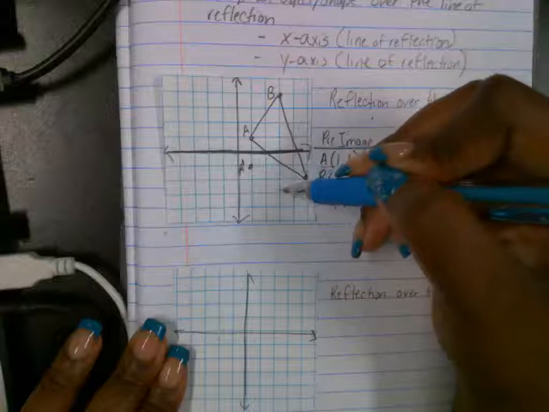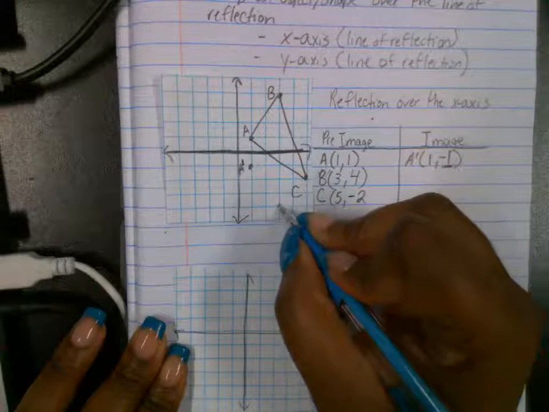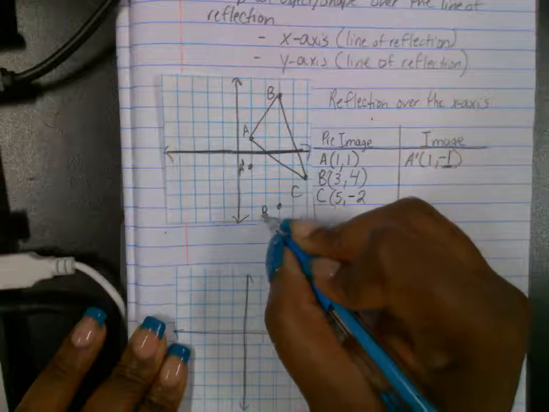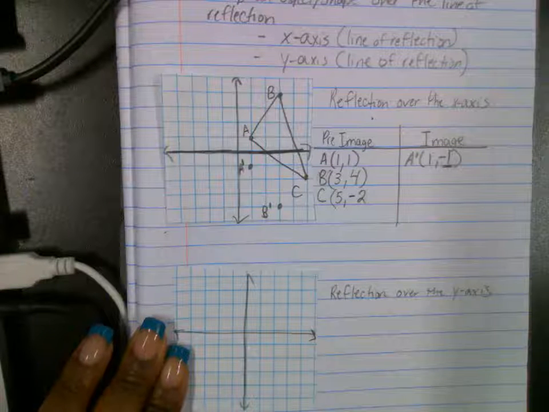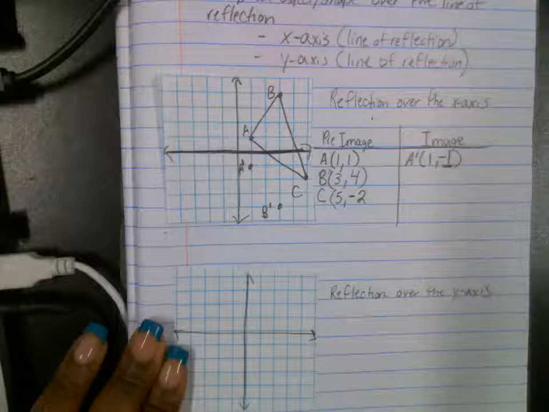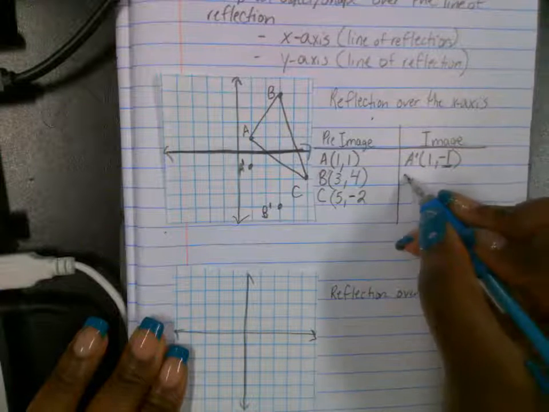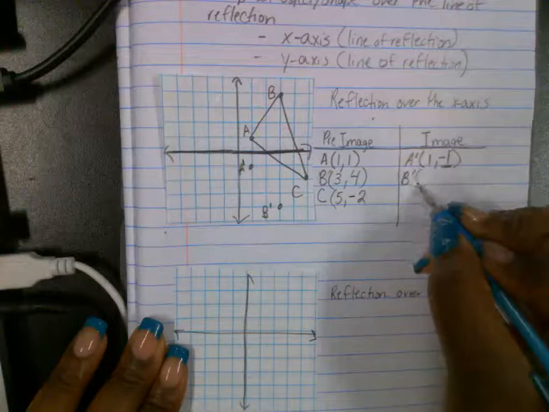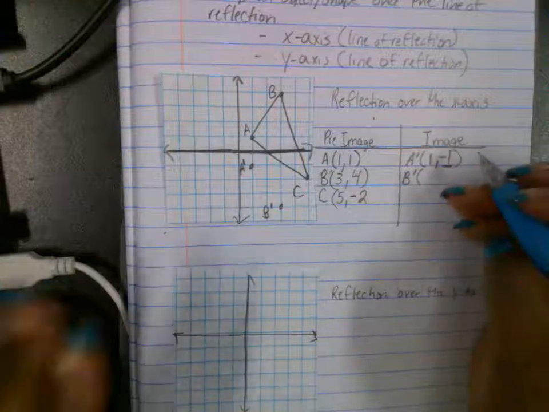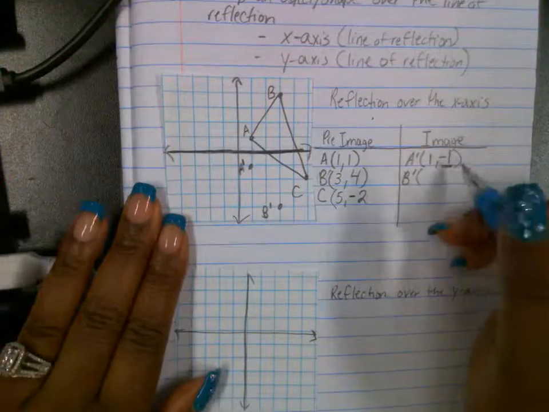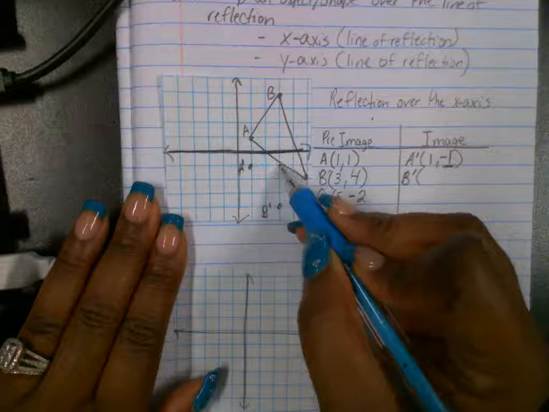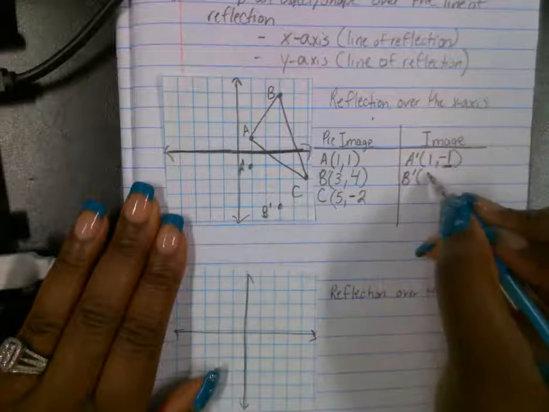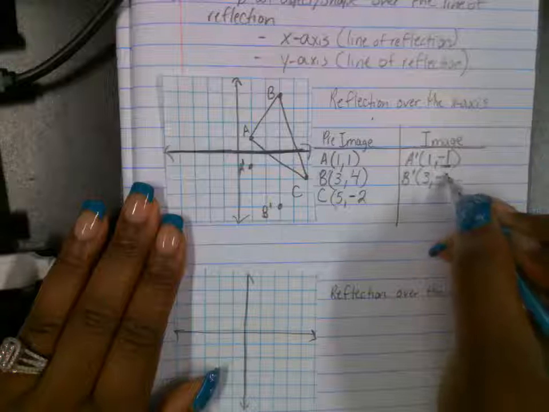This is B prime. What's the ordered pair for B prime, the new location for B? Positive 3, negative 4.